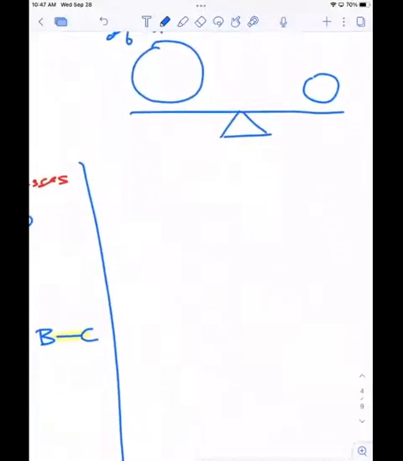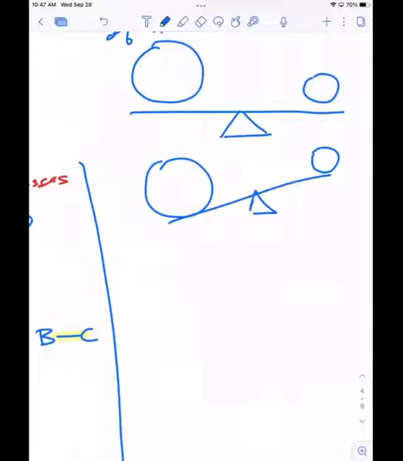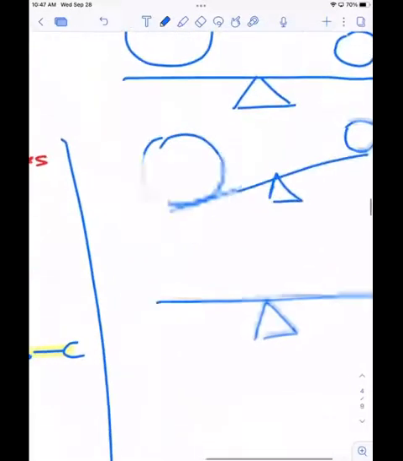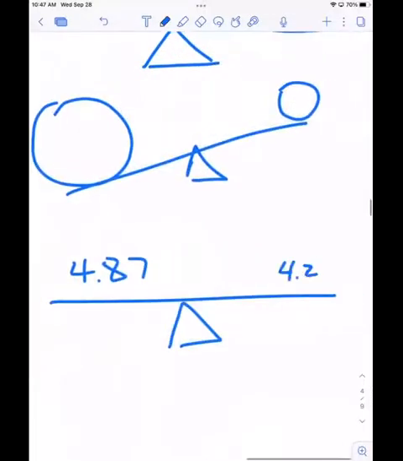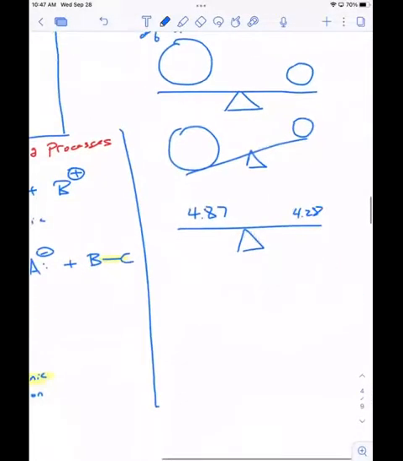If this is a seesaw, it's going to tilt this way because this side is larger, right? Mass-wise. This is a terrible comparison, but it works, right? If I put the two pKa's on a fulcrum, on a seesaw, and one of them is 4.87 and the other is 4.28, which way should that tilt?